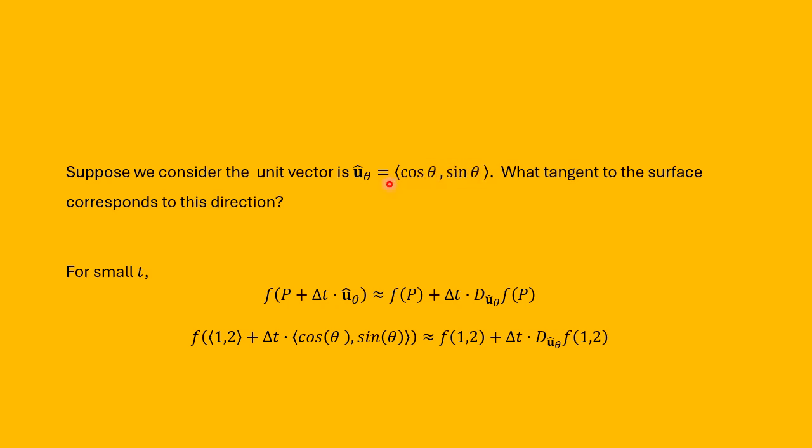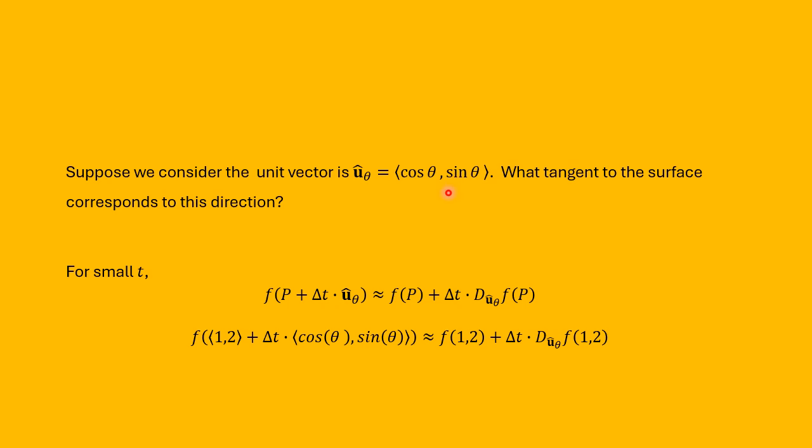Think of this as being basically in polar coordinates, but this is the x and y coordinates of that vector. For instance, in the problem that we've looked at so far, if you let theta be pi over 4, then cosine theta, sine theta is 1 over the square root of 2, 1 over the square root of 2.